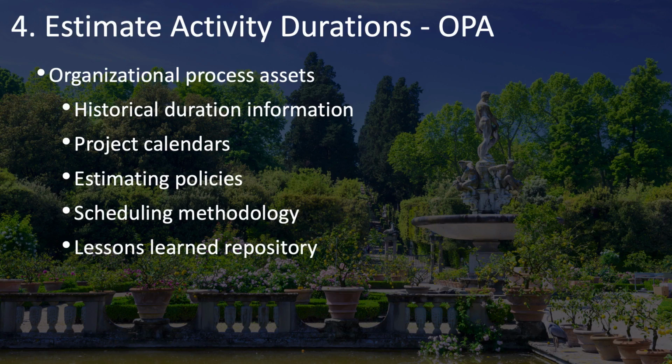This can be a little confusing, but in general, you can see the enterprise environmental factors as more the tool, so the estimating databases, because it's a tool that falls under enterprise environmental factors. But the knowledge itself and knowledge repositories are normally listed as part of the organizational process assets.